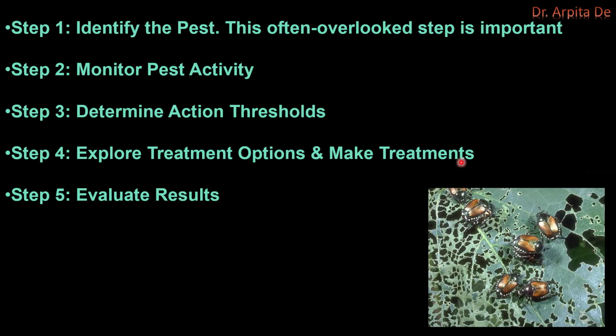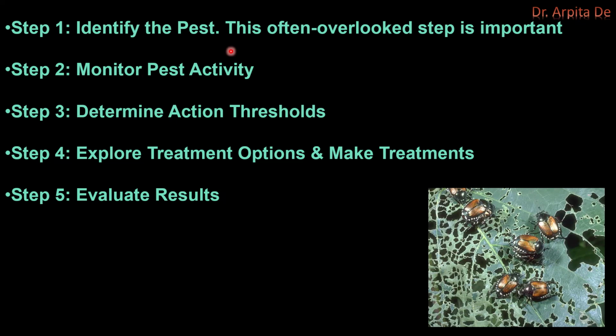The basic steps that are followed in IPM are, first, to identify the pest. This is very important. We should know what is causing the problem. The root cause of the problem must be known first. So we should first know what is the problem. What is the pest? So identification of the pest is the first and foremost step to be taken.